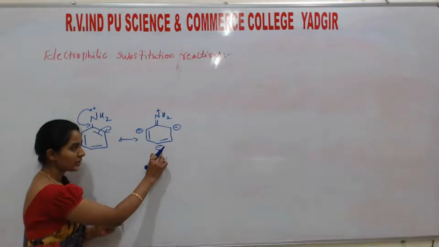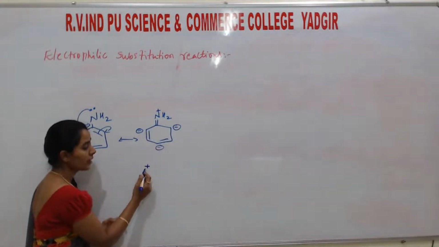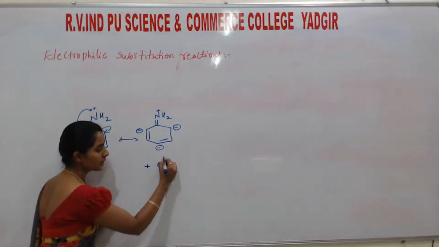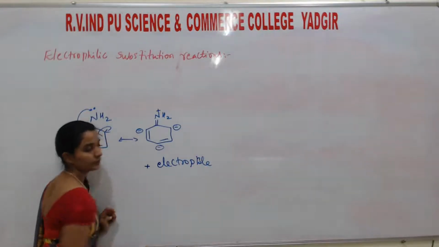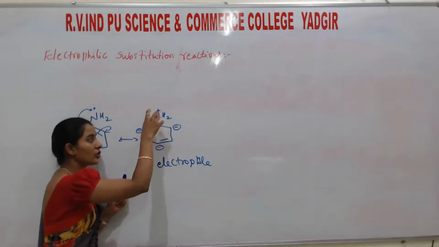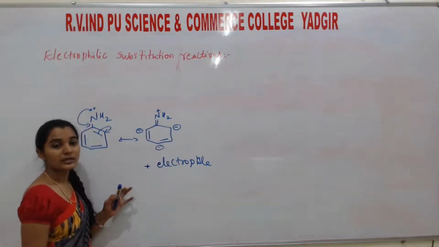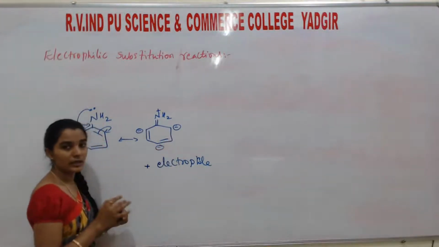Here minus charge is there, the incoming species must be plus to balance this charge. Okay, plus means that is electrophile. Understand? Due to the involvement of these lone pair electrons in the resonance, the hydrogen of this becomes what? Acidic.